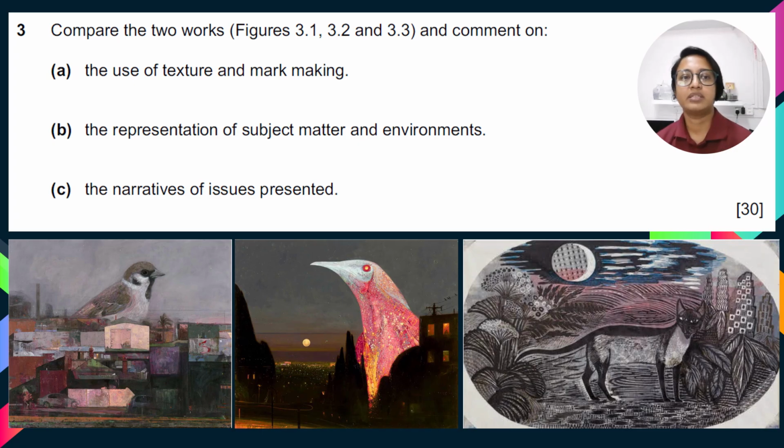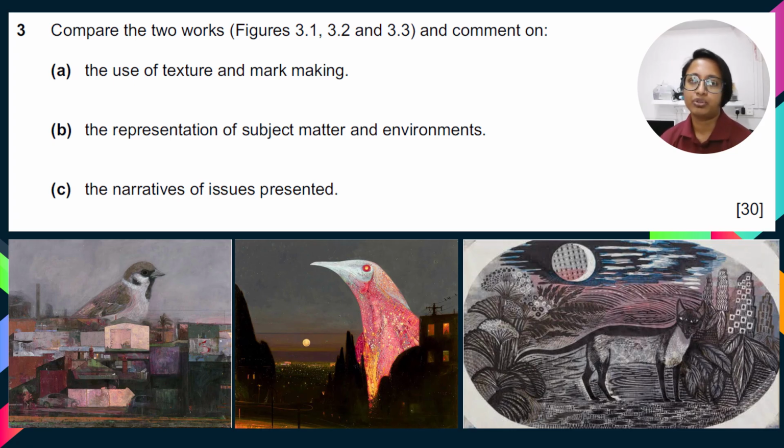But as you can see from the questions that are being phrased, they are focusing on your skill in identifying certain things, right? So part A is about texture, mark making. So we will learn things about texture. I'm pretty sure you all know there's rough and smooth texture, mark making. We will talk about, like, the splatter that you can see in the middle picture and things like that, right?